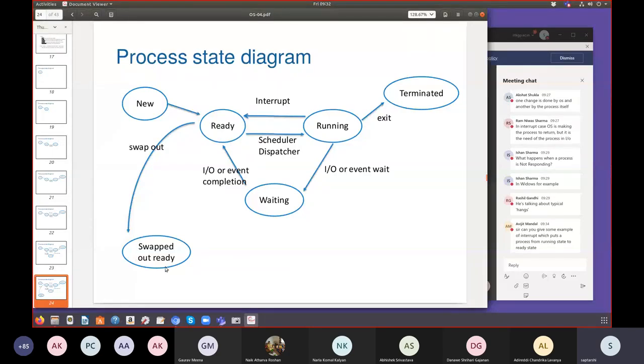And then it is kept in the state of swapped out ready. Okay? So it is still ready, but it has been swapped out. Maybe due to some high priority processes being given that area, etc. But then there is this provision of swapping out. Okay, I see there is another question.